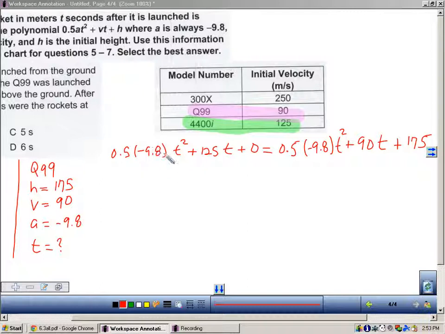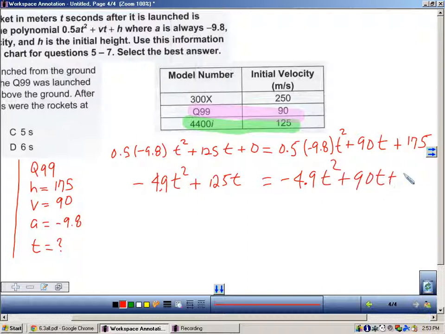So computing this here, we know that that's negative 4.9 t squared plus 125 t, 0 means nothing, equals negative 4.9 t squared plus 90t plus 175.